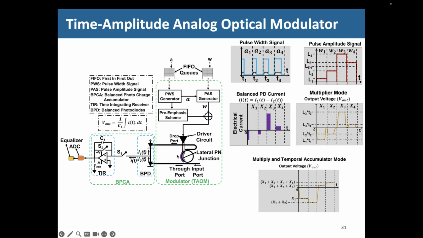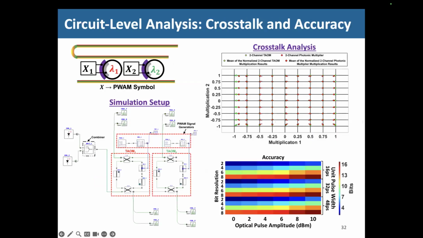So this is one device that we created. And we did the crosstalk analysis when we cascade these devices over here. And we analyzed the calibration accuracy, and it turns out close to 15 bits, 15.3-bit calibration accuracy can be achieved.